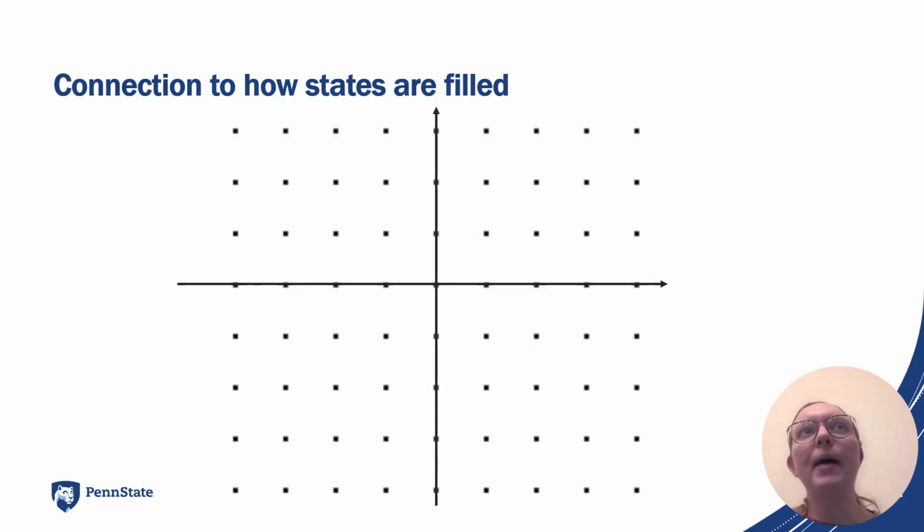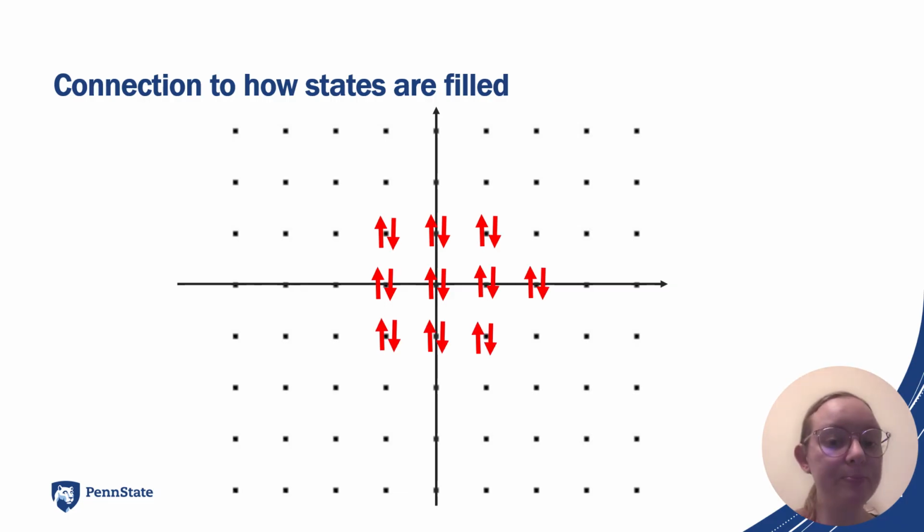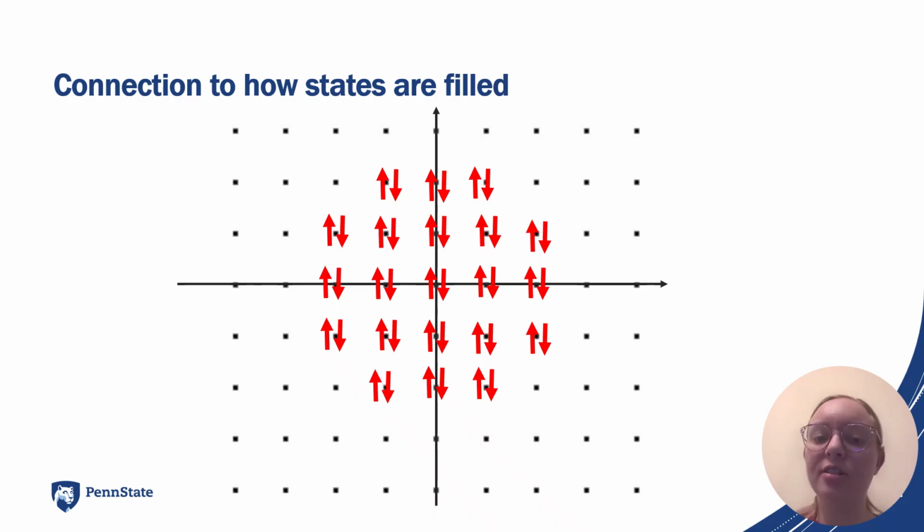Whenever we talk about which K states are filled, we assume that electrons will occupy the lowest possible energy states first. So it will be useful for us to think about filling up our K states, starting from the middle and working our way outward in a circular pattern. And we will fill up until we run out of electrons in our material.